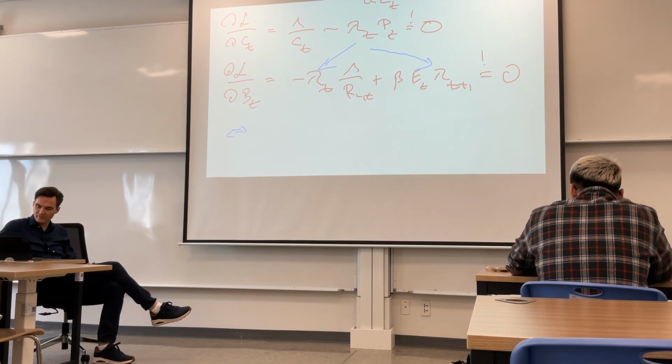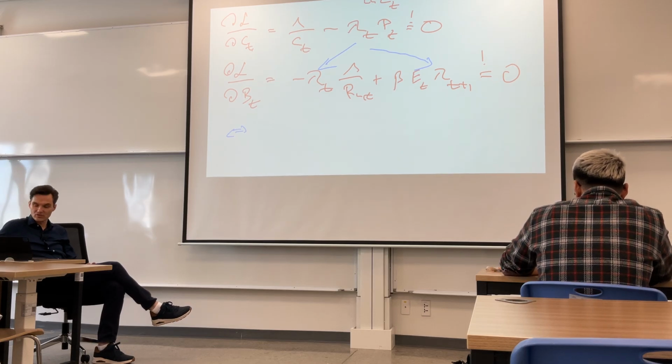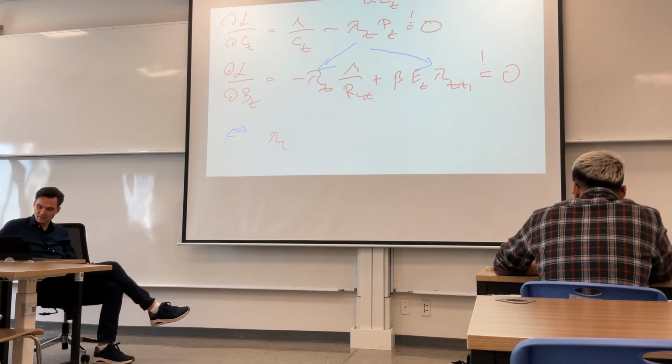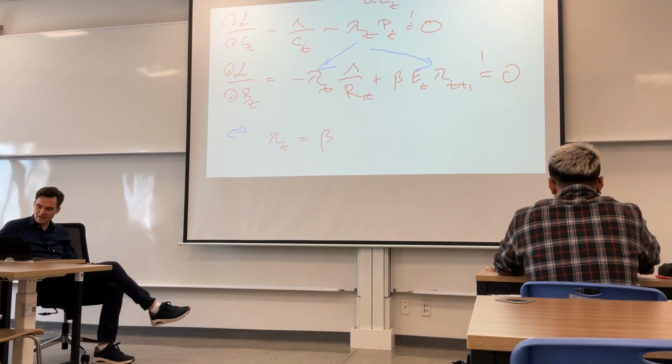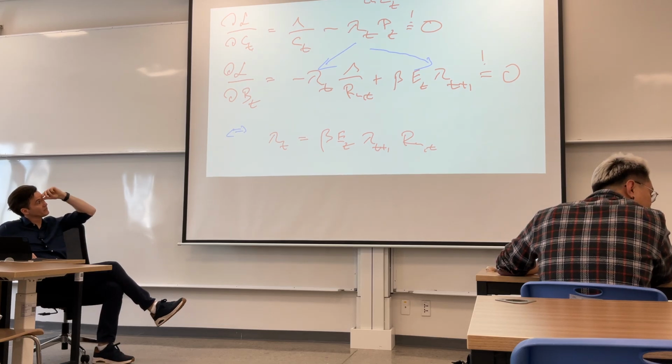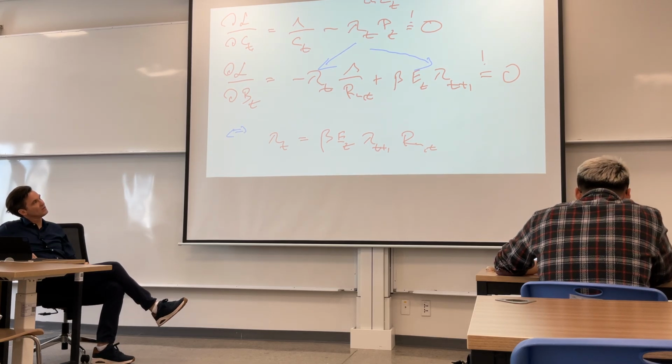Let me first rewrite the second equation before I do the substitutions. I'm going to bring the lambda t onto the left-hand side, and that's going to be equal to beta E t lambda t plus 1 R n comma t. It's just rewriting this Euler equation, or this derivative with respect to b, in standard form.